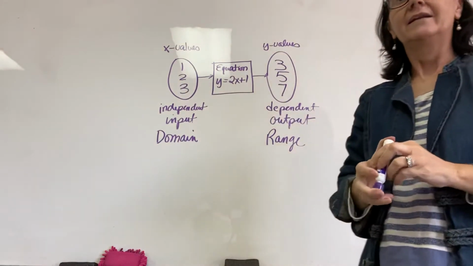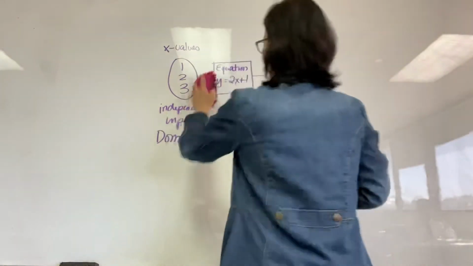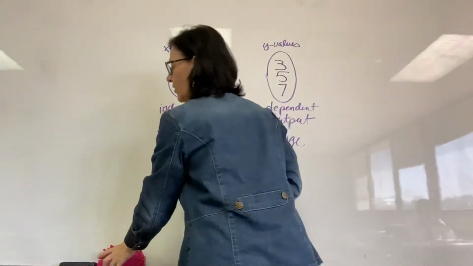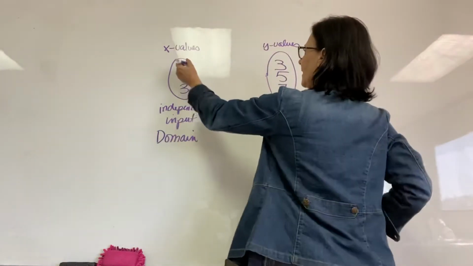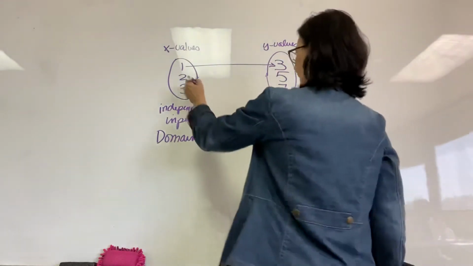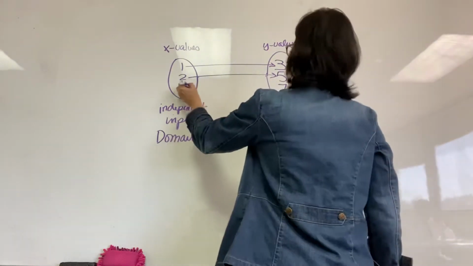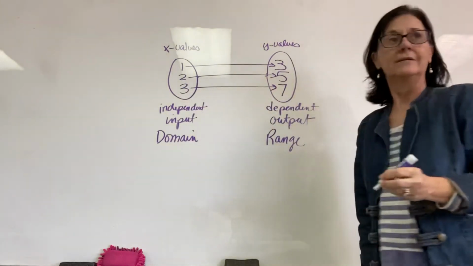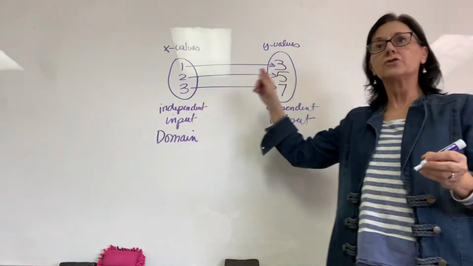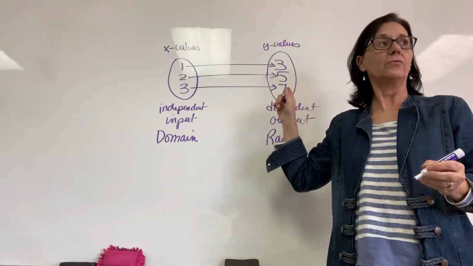So if I erase the equation, I could say that when I plug 1 in, it goes to 3. When I plug 2 in, it goes to 5. When I plug 3 in, it goes to 7. So every number I plug in goes to one unique y value.